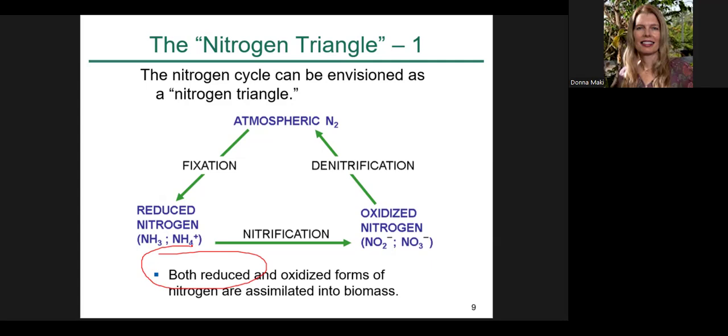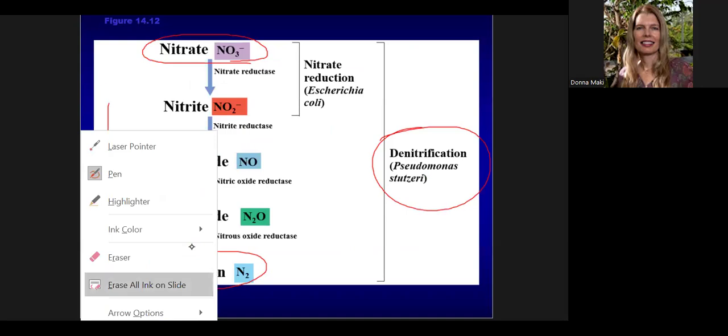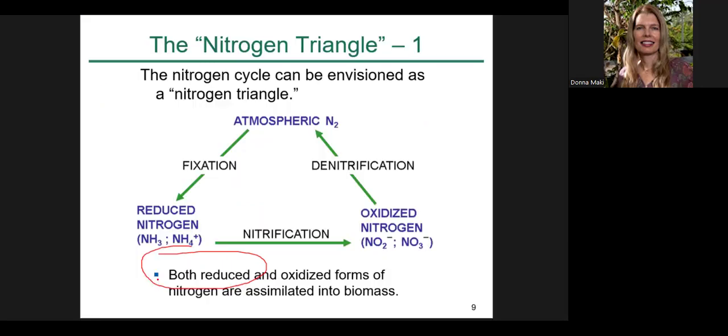And then we haven't talked about the other idea here. I don't know why I kept the circle, but if you take nitrogen gas from the atmosphere and fix it, nitrogen fixation, that is taking dinitrogen and converting it to ammonia.